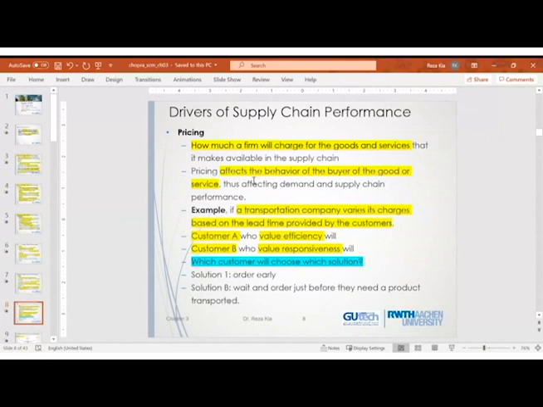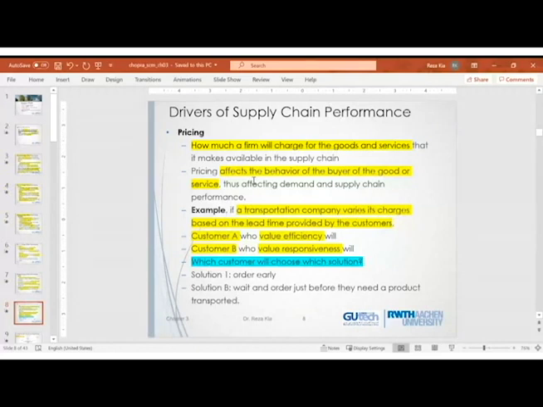And for sure, if you order by air transportation mode, that would be much more expensive compared to the other transportation mode. So here the delivery time is defined based on the transportation mode that you are choosing.